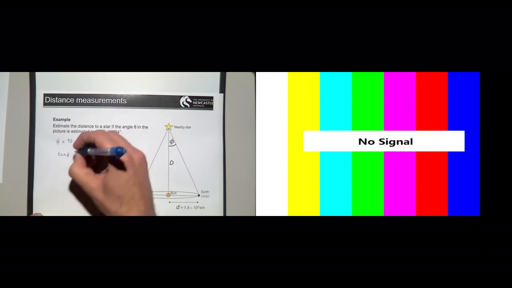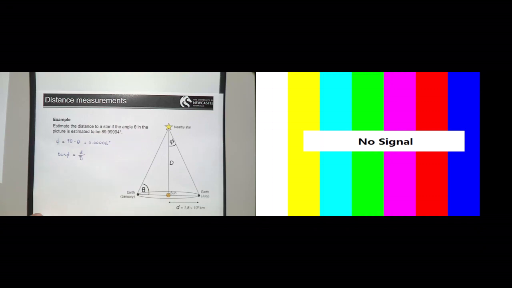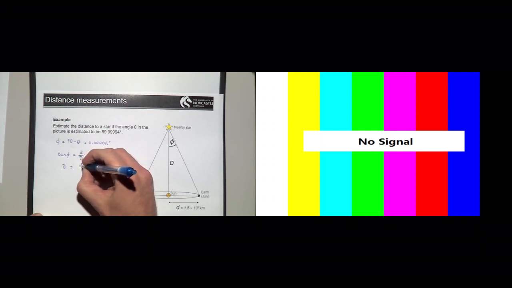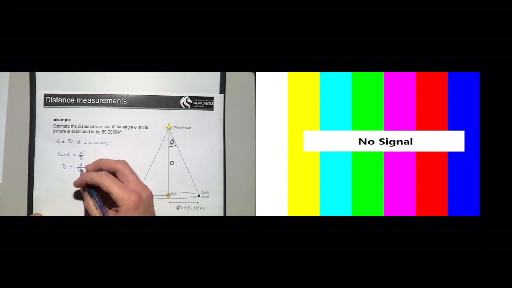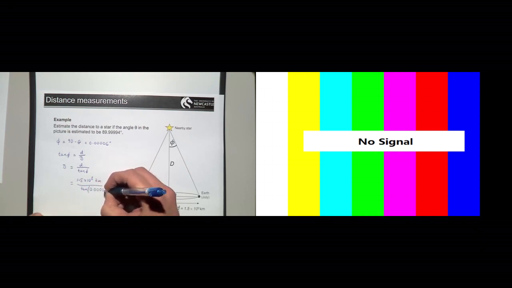It's opposite over adjacent, so it's little d over big D, right? So this allows us to rearrange and write big D as little d divided by tan phi, which is 1.5 times 10 to the 8 kilometers divided by tan of 0.00006.